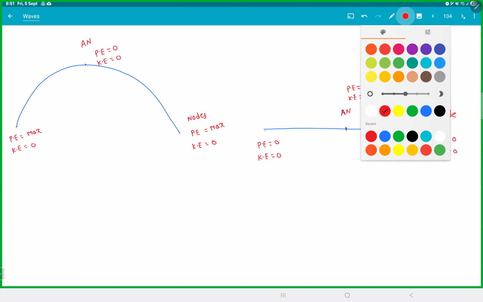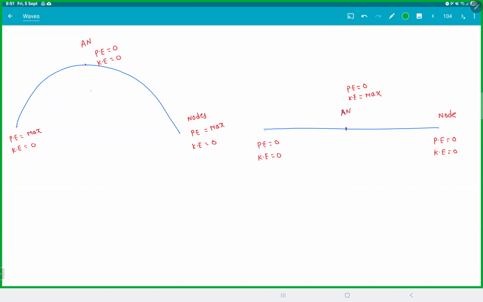That means when the string is moving from extreme to mean, look at the antinode. Antinode energy was 0. But when the string becomes flat, suddenly it gained energy. That means energy is transferring from nodes to antinodes.